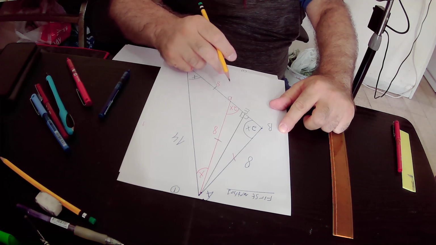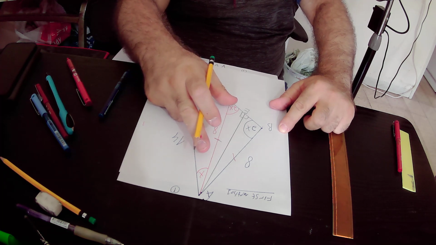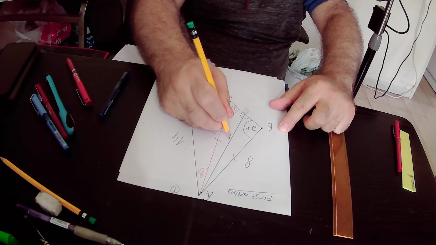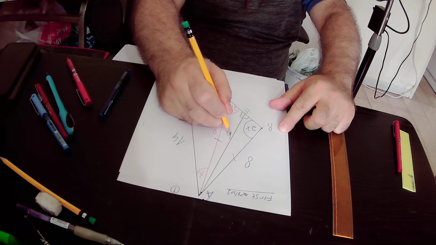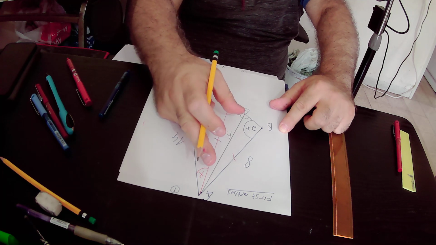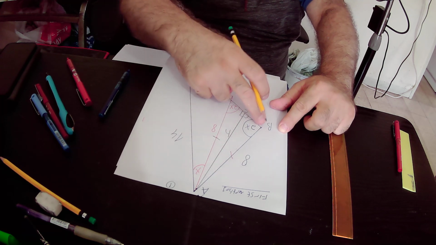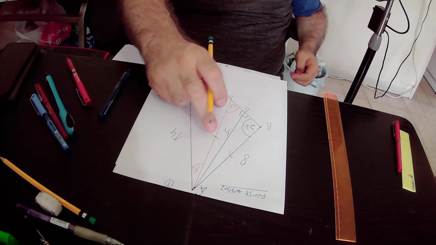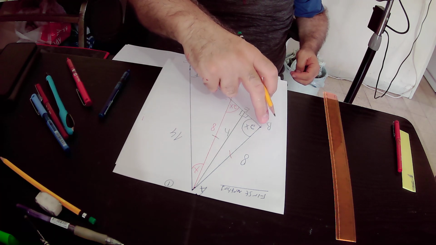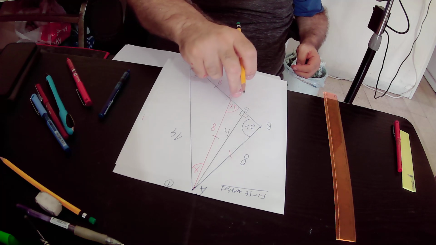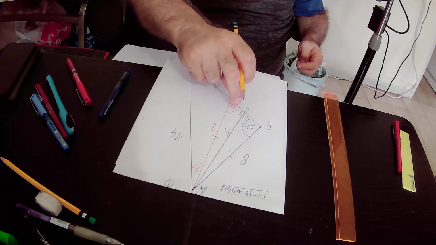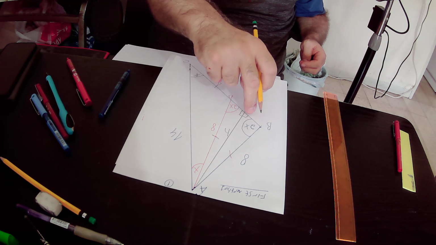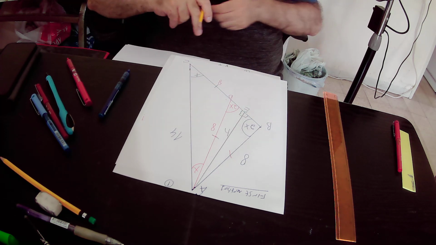Okay, and we will define AE as H. That is to say AE equals H, because AE is the height to the base BD. AE, that is H, is the height to the base BD because it creates 90 degrees with the base BD. That is to say this angle is 90 degrees and this angle is also 90 degrees.